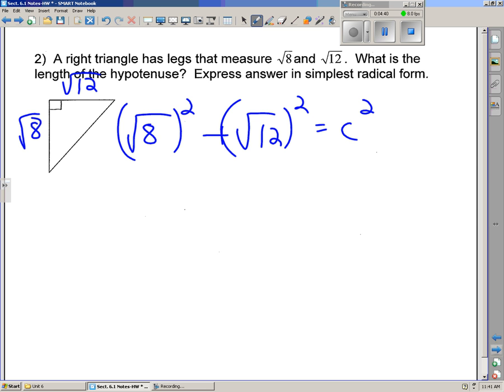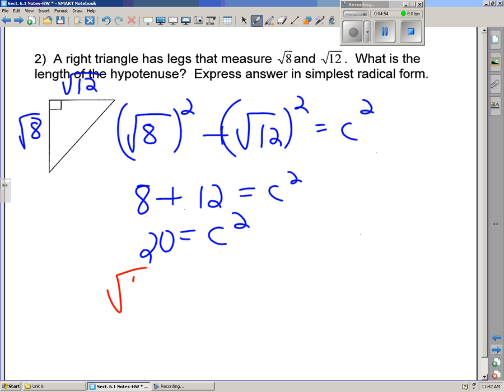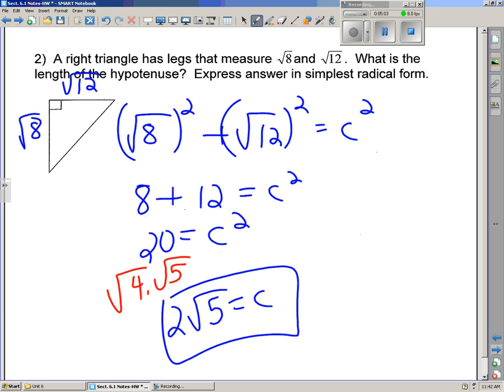Squaring and square rooting are inverses. So the square root of 8 squared is just 8. The square root of 12 squared is just 12. And that's going to be equal to c squared. 20 is c squared. 20 breaks into radical 4 times radical 5. So 2 radical 5 equals the hypotenuse.